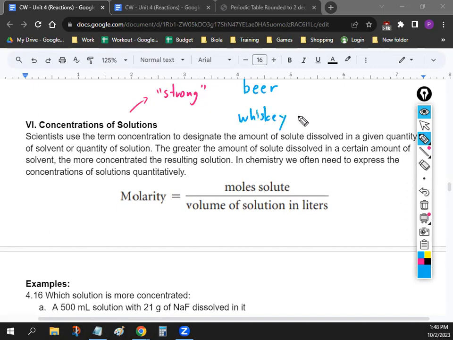Whiskey. So usually you think of whiskey as stronger than beer, right? So whiskey would be more concentrated than beer. Beer is less concentrated in terms of alcohol. That's what concentration is. Whiskey has more alcohol per volume than beer has alcohol per volume, which means that it is more concentrated.